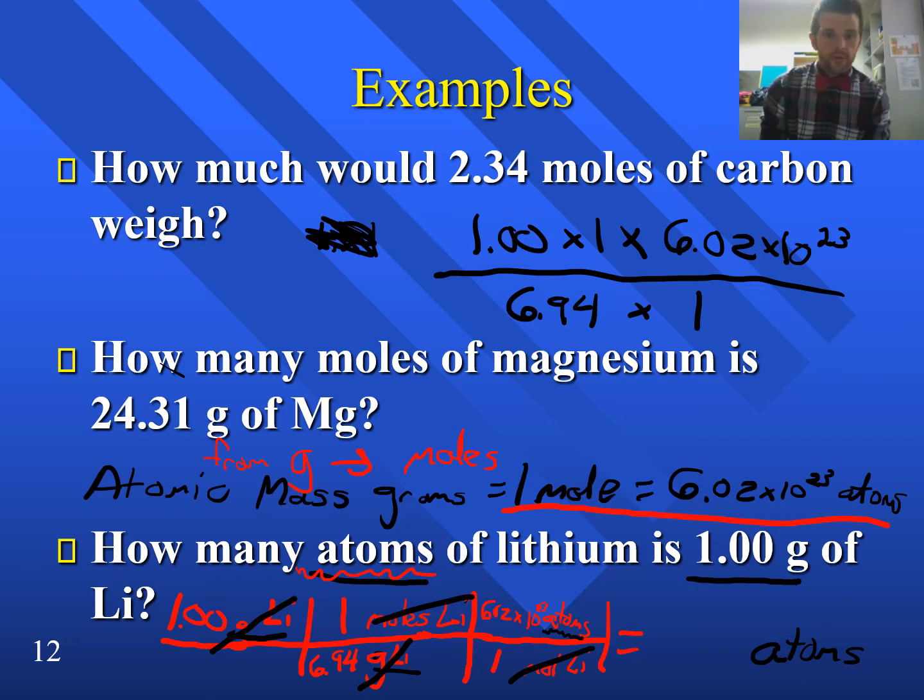So I'm hoping you're seeing how this is like a big fraction again. And then we're just saving all the actual computation for last. So this is where you're basically just turning into a big calculator and punching it in. I'm going to use my calculator off to the side here. So I'm going to put this in.